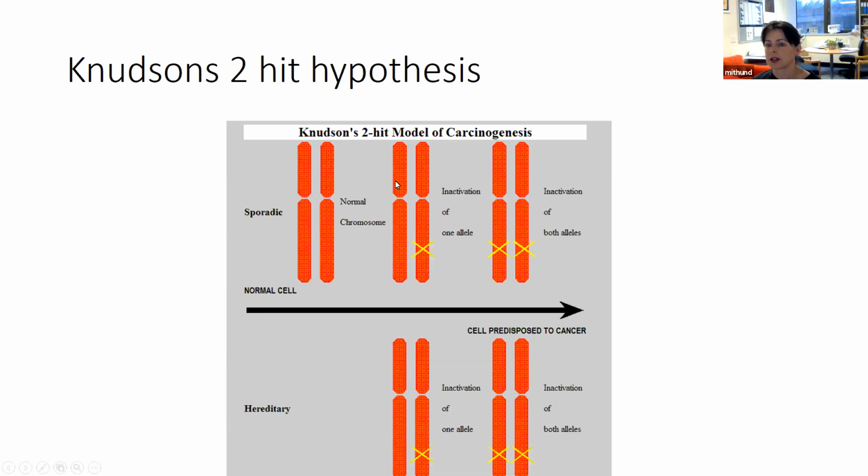The chances of this increase as you get older, but are much less than if you are born with one mutation already knocking out one of the alleles, and you've just got to acquire another one. This is the reason why people with inherited mutations will present with cancer earlier.